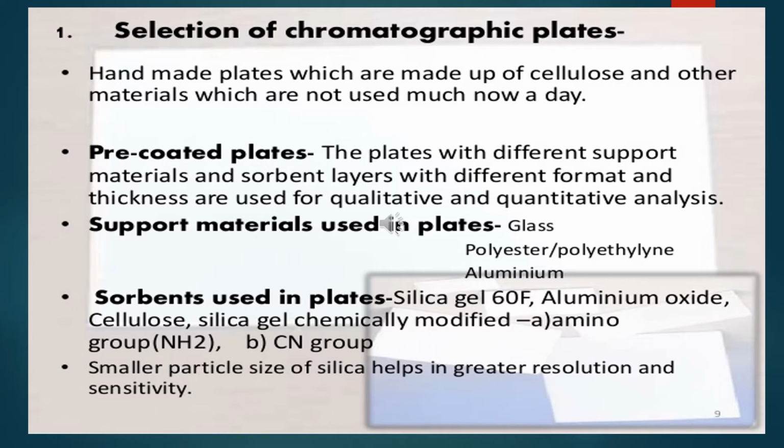Support material used in plates is generally glass, polyester or polyethylene, and aluminium is also used. Sorbents used in plates are silica gel 60F, aluminium oxide, cellulose, and silica gel chemically modified with amino group and cyano group. Smaller particle size of silica helps in greater resolution and sensitivity.